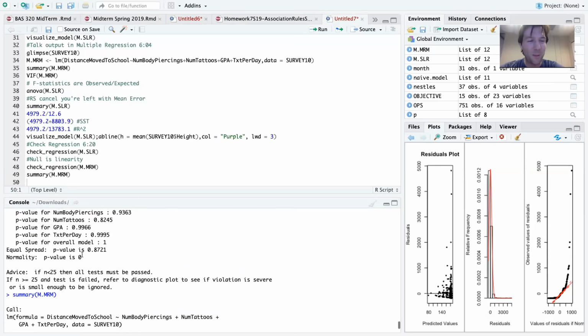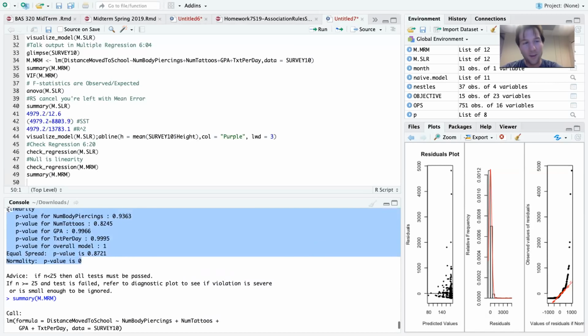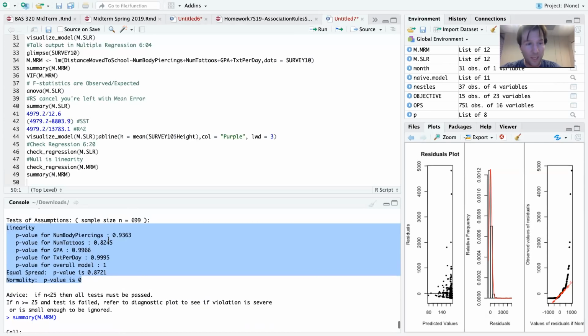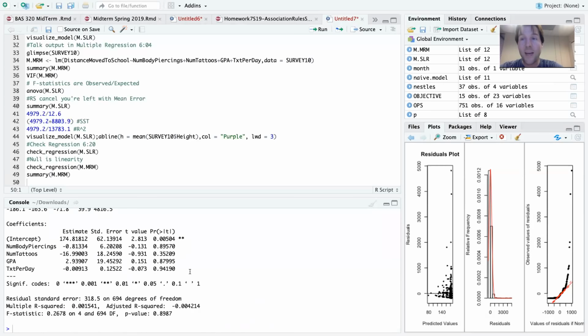So here, when we look at these assumptions, I'm just going to look at a second here. These are not the p-values for the variables in the model itself. These are the p-values if we pass the assumptions. I want to make that very clear because a lot of people make these mistakes. Please look at this output right here. Does everyone see that output? Those are the p-values to check the assumptions in the multiple regression model. These are the p-values to check the significance of the coefficients in the multiple regression model.